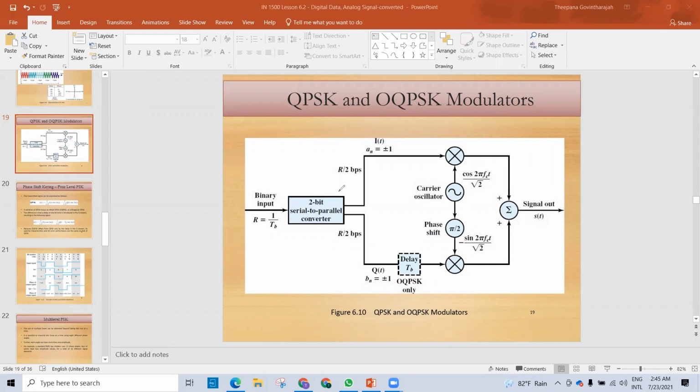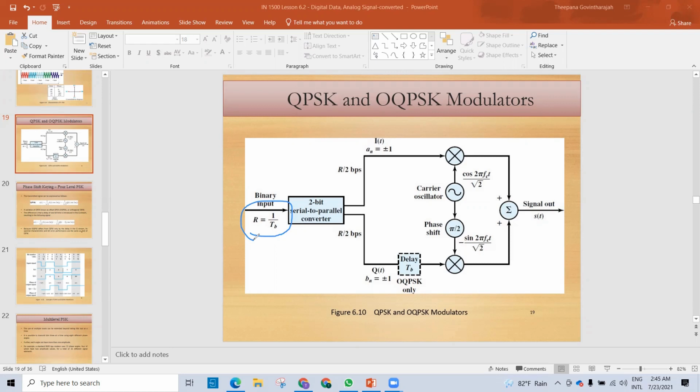So, when one signal is coming, the rate is 1 over TB. TB is the bit transmission time, and R is the data rate.